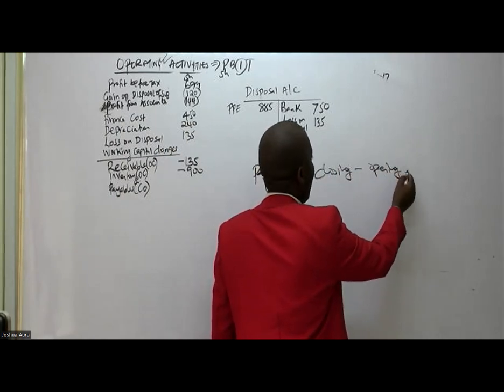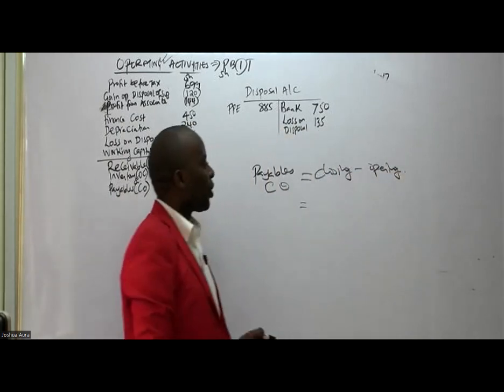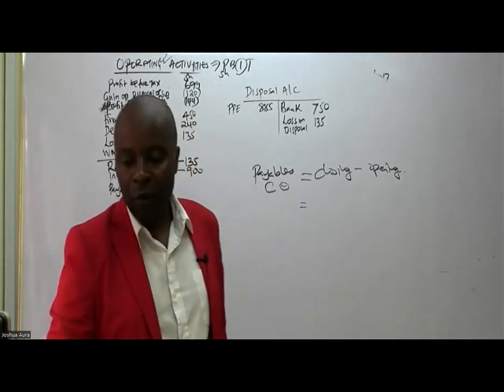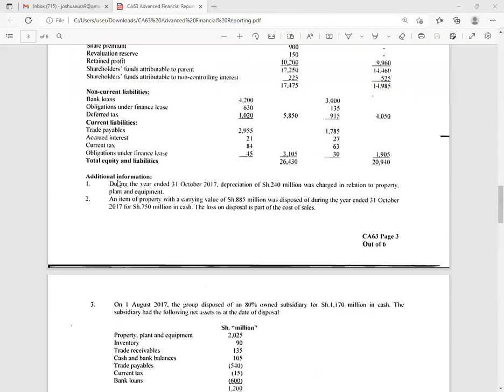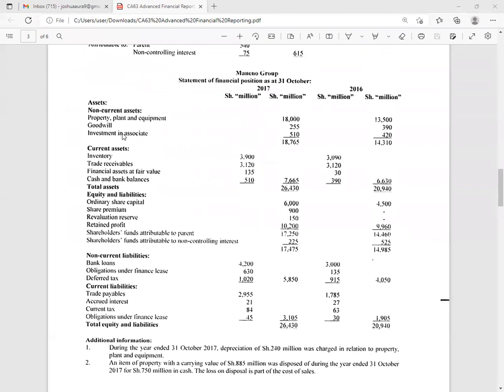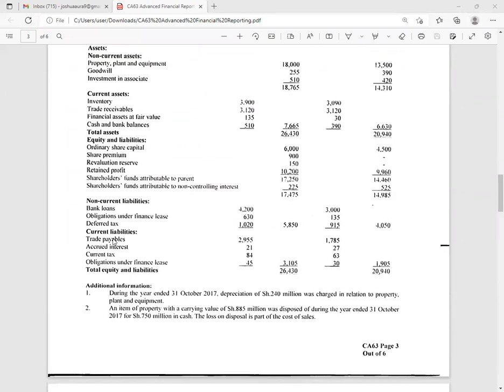Look for the payables figure, closing. It's down here. So what do we have? 1785.